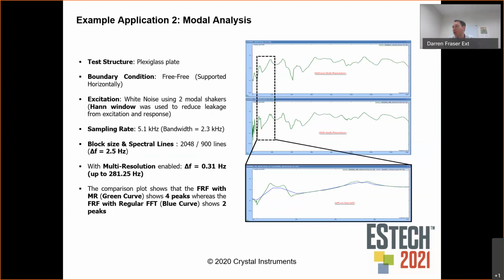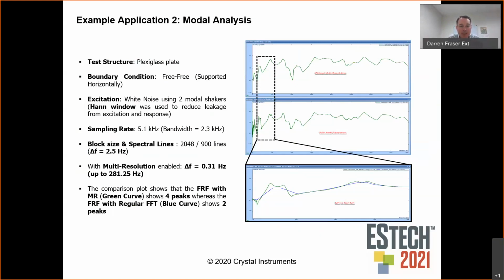And what I'd like to point out is when you look at this damped structure, this plexiglass plate, and you look at that low frequency, I believe I'm down around 40 hertz all the way up to 280 hertz. When you look over that band, you almost see that we've got 2 different graphs.